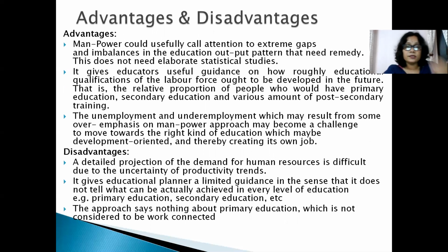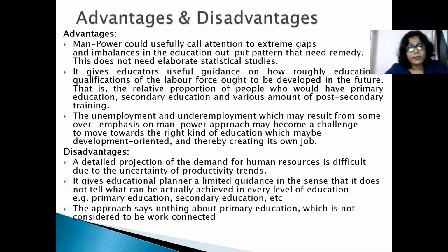Like the other approaches, this approach has certain merits. That means the first advantage is that manpower planning could usefully call attention to extreme gaps and imbalances in the education output pattern that need remedy. This does not need elaborate statistical studies, just estimation is necessary on a particular area. Next advantage is it gives educators useful guidance on roughly how educational qualifications of the labor force ought to be developed in the future.